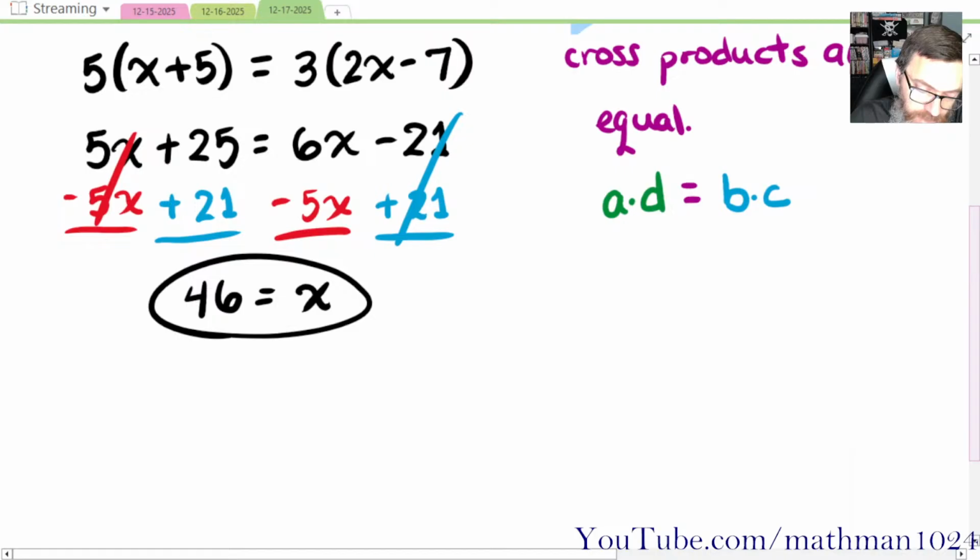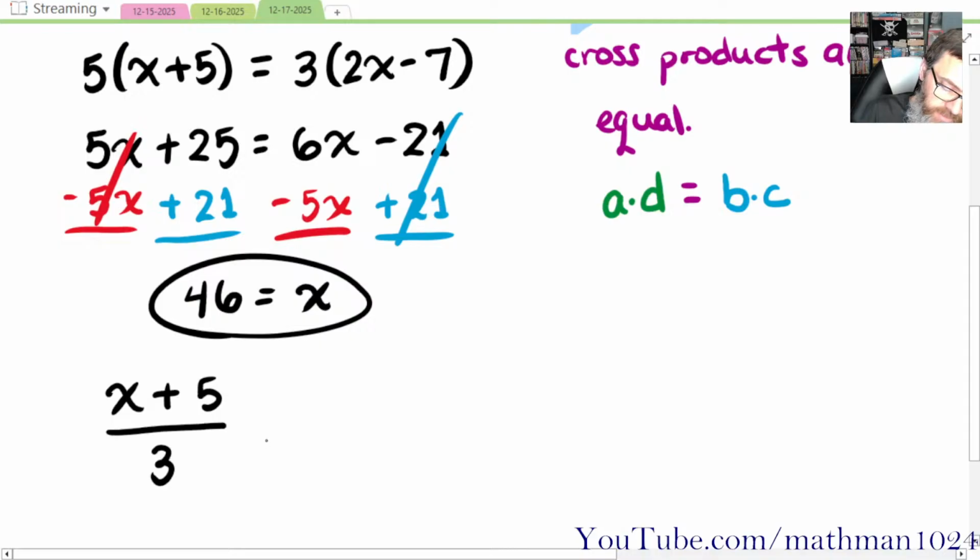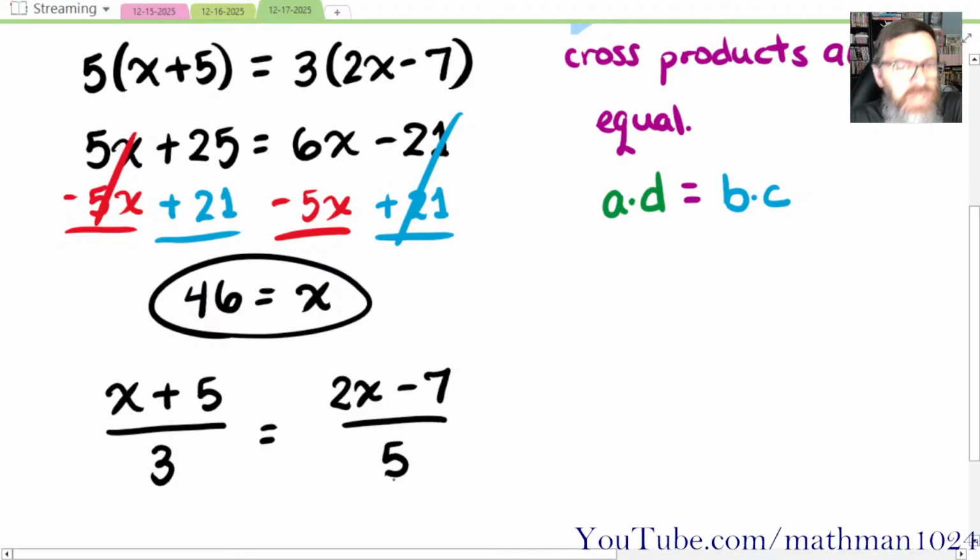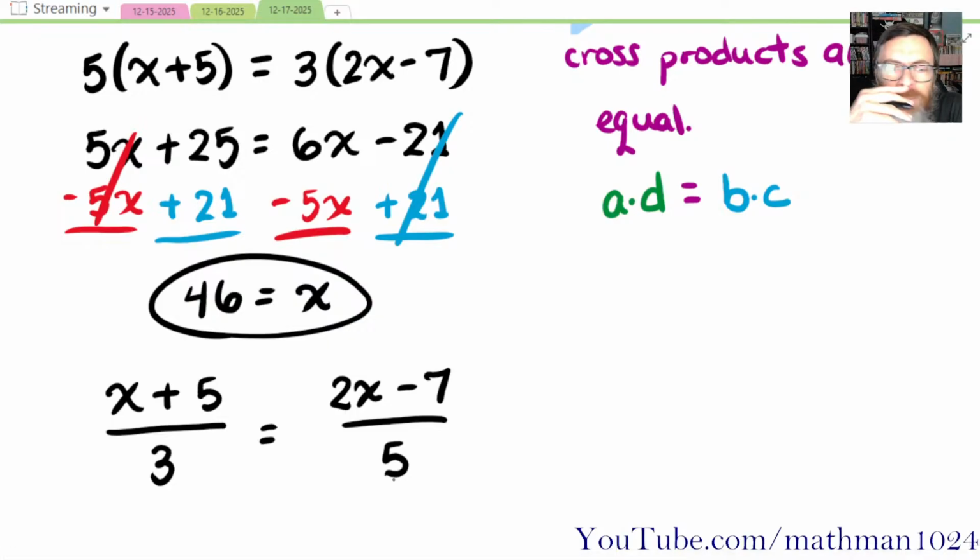All right, so I have to go back and remind myself what it was. So if I take this again, x plus 5 over 3 equals 2x minus 7 over 5. Now, what we said is that when you have a proportion, if you've got two fractions that are equal to each other, then it has to hold that a times d equals b times c.